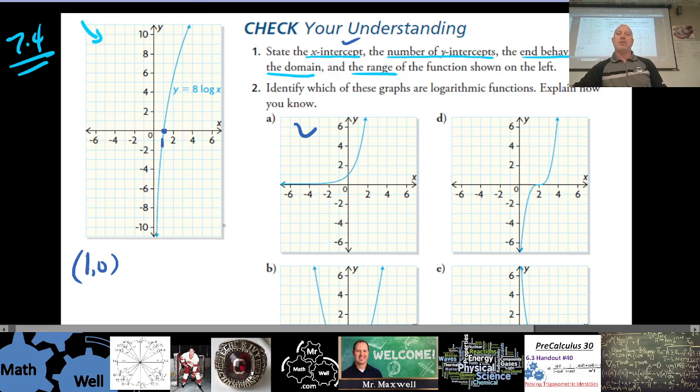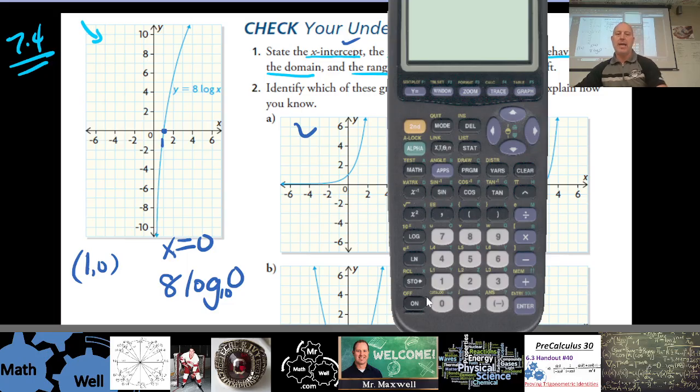Okay, the number of y-intercepts. How many y-intercepts are there? 0. In a regular logarithm graph, there are no y-intercepts. Because when x equals 0, if you were to plug that into this graph, log of 0, well, there's no base there, so that's base 10. Let's try that on our calculator and see what we get.